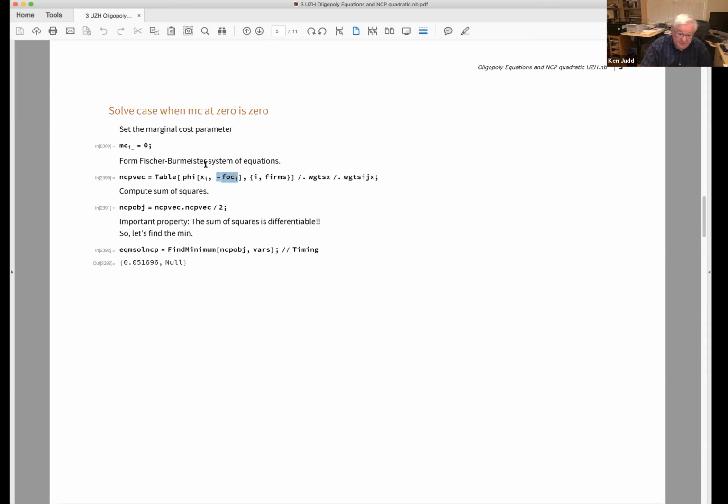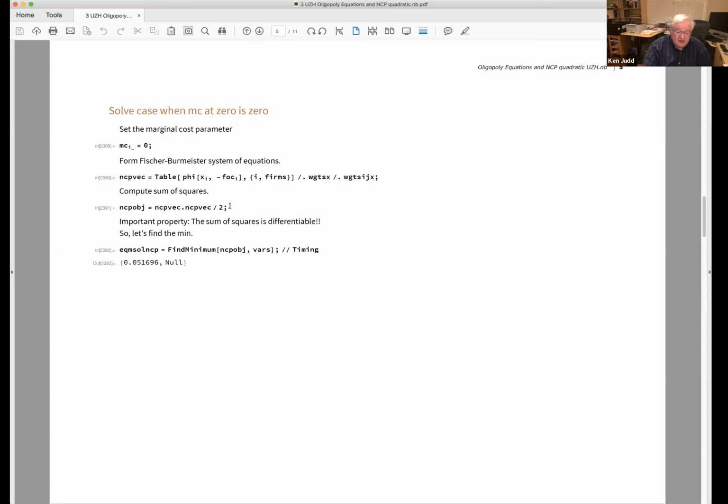So that's my nonlinear complementarity vector. I take the first order conditions and the corresponding output, and I construct this vector. I apply the Fisher-Burmeister function and construct this vector.